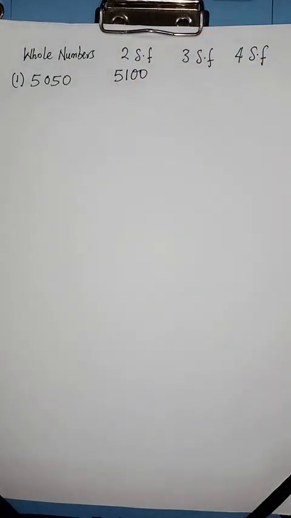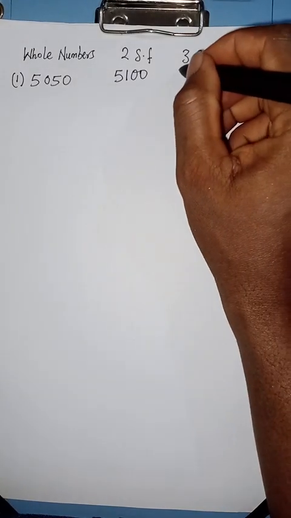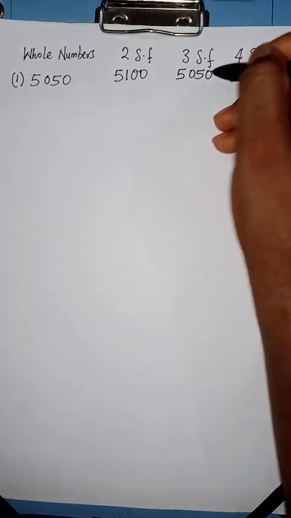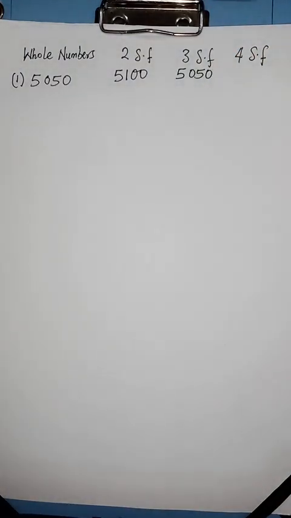So this is to two significant figures. What about to three significant figures? Well, this is 5,050. Nothing will change because the original number itself is written to three significant figures.